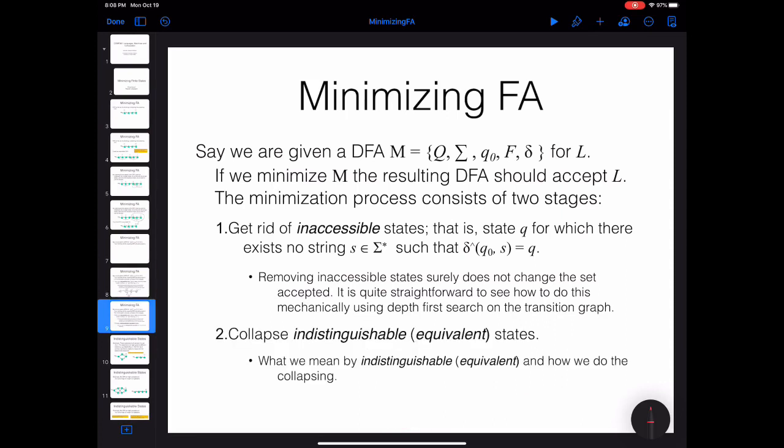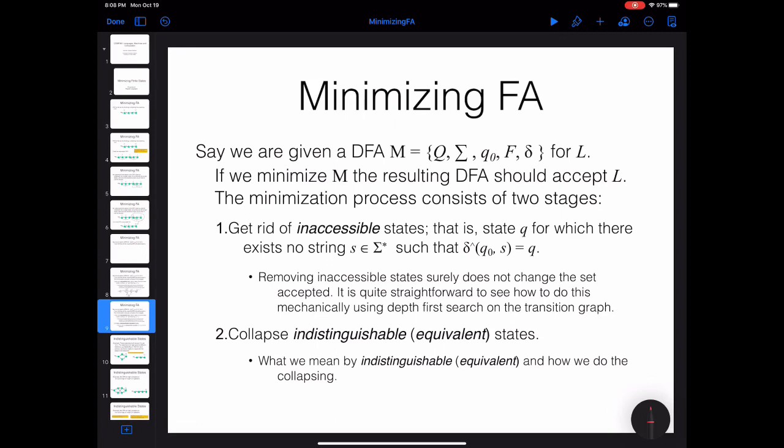The second step is to try to find those states which are indistinguishable, or we call them equivalent states. If you have two states, or even more than that, if they are equivalent, they can be collapsed, they can be merged together.